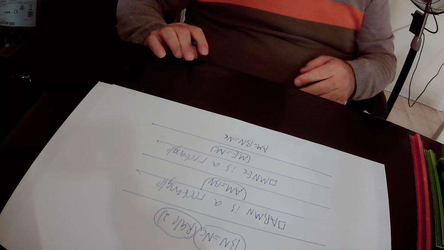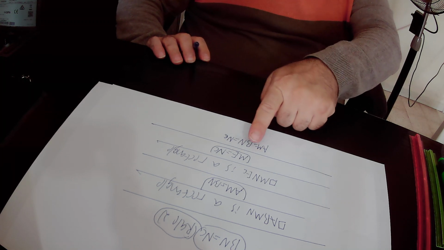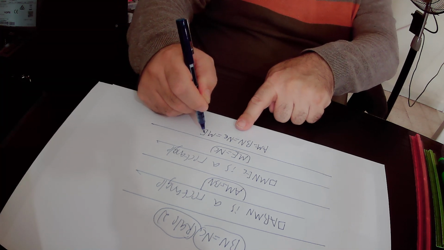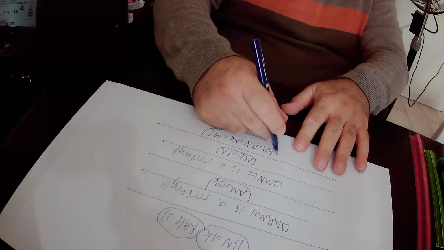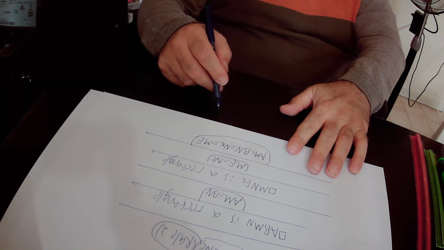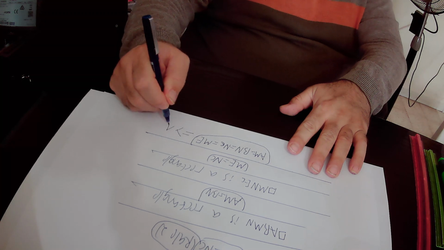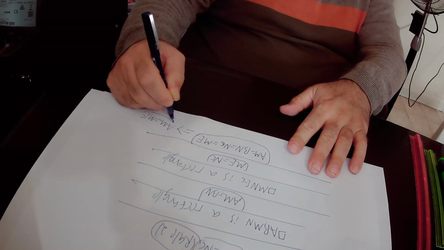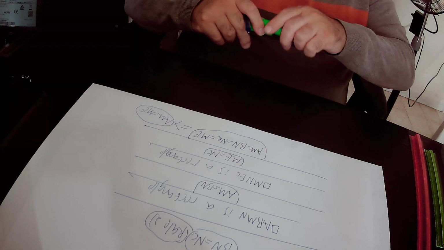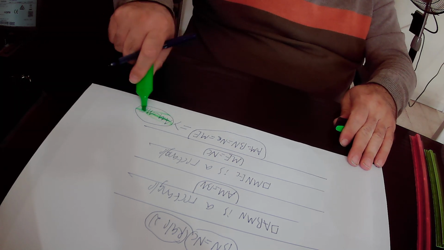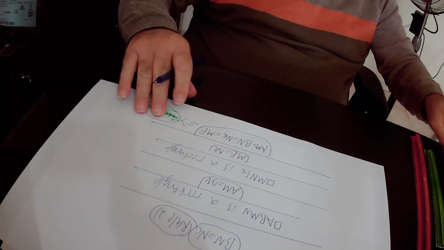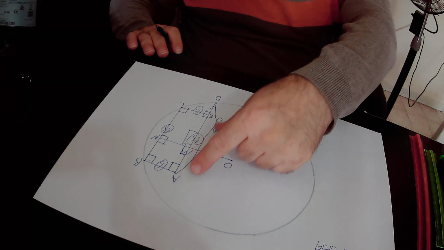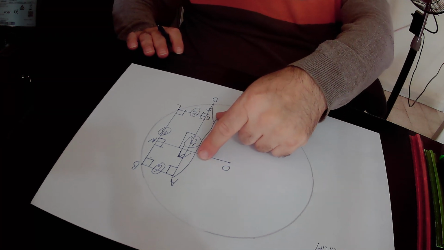Likewise, NC equals ME. From this logical equation, AM equals BN equals NC equals ME, we derive that AM equals ME. That is to say, side AM equals side ME.